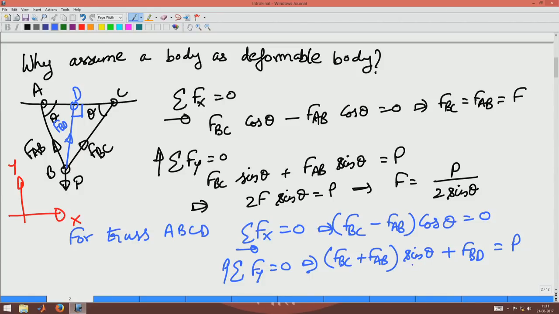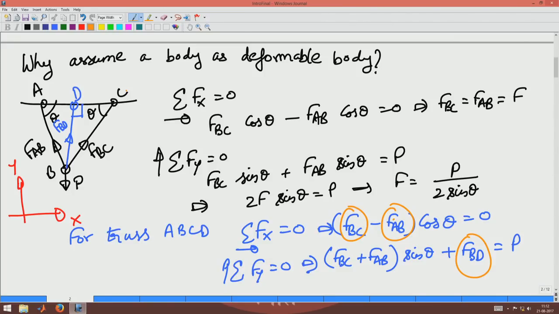So, now what happens? You have 3 unknowns and you have 2 equations. So, you cannot solve for the 3 unknowns, which are FBC, FAB and FBD, using these 2 equations. These are linear equations, so you can't solve for 3 unknowns using 2 equations. So, you need some additional constraint, and this is where you have to assume that the truss is deforming.